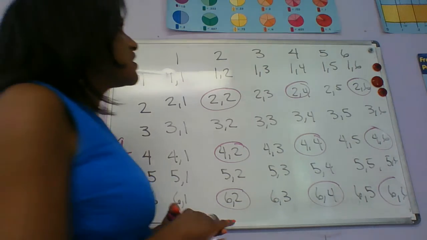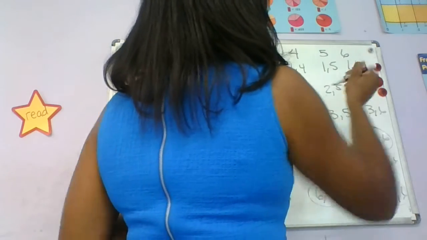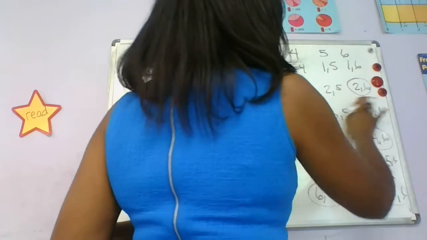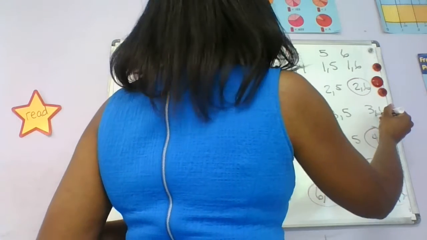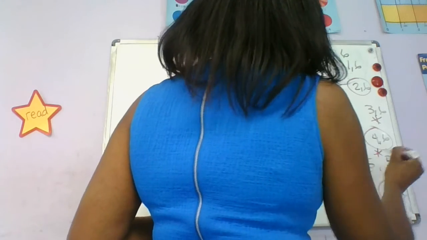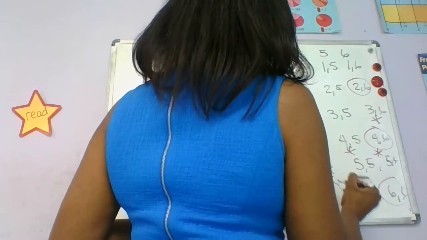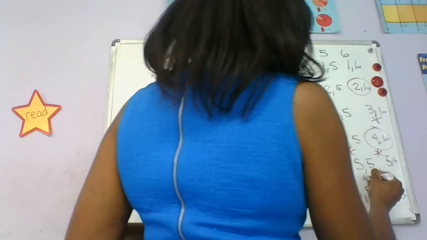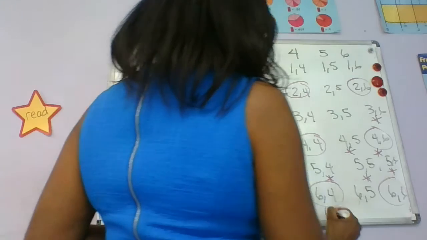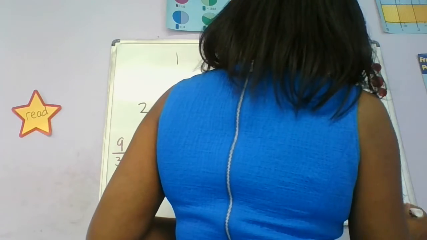So then you can just look and see, okay, if it's greater than 8, this is greater than 8. Oh, no, actually, this is exactly 8, so nope. This is greater than 8. This is greater than 8. Greater than 8.